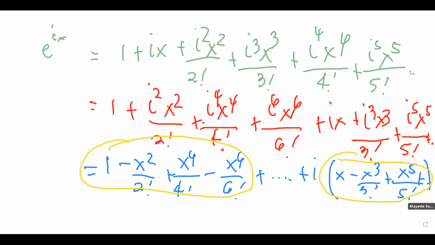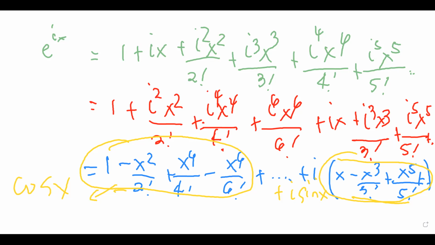This means we can conclude that e^(ix) represents your real part, the trig function cosine x, and this represents plus i sine of x. If you review the video, this is equivalent to sine x, and this is equivalent to cosine x, or the cis of theta.